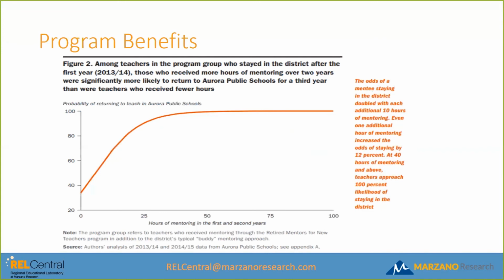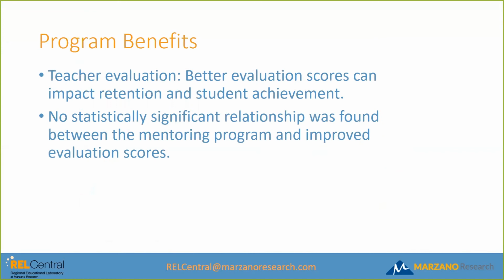But since these findings were not causal, because they were really only focused on the group of teachers that received the intervention, we did not cost out those benefits. In the cost-benefit analysis, we excluded it. We only wanted to focus on things where there was a clear causal effect.